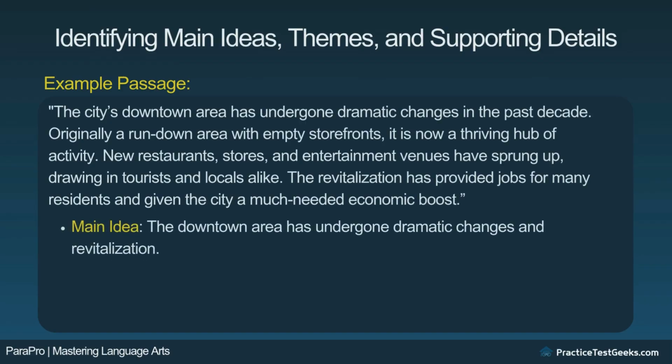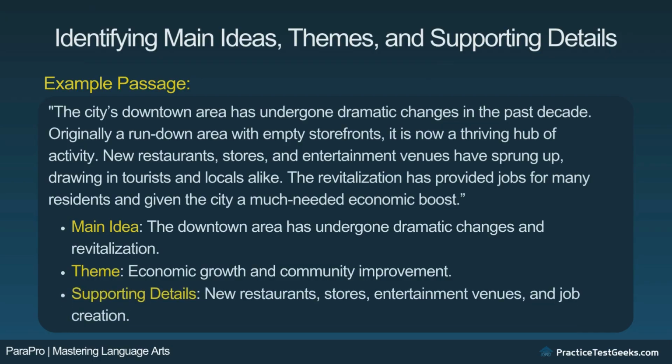Main idea: the downtown area has undergone dramatic changes and revitalization. Theme: economic growth and community improvement. Supporting details: new restaurants, stores, entertainment venues, and job creation. By identifying the main idea, themes, and supporting details, you can better understand the passage and answer questions accurately.